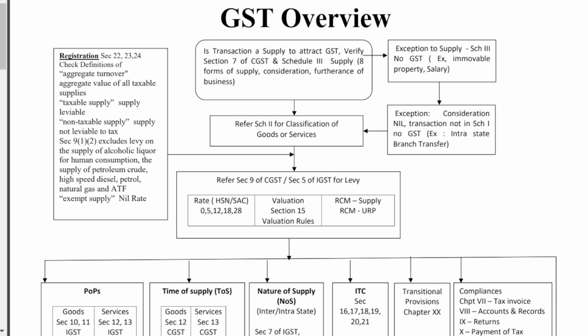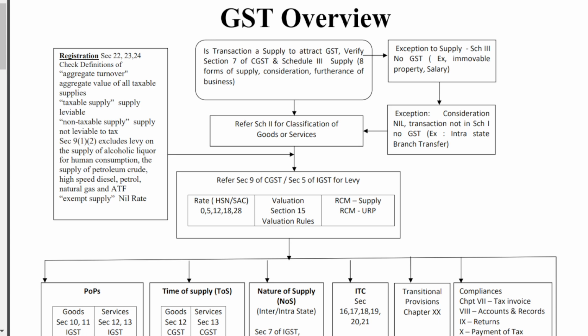If you see on the left side, sections 22, 23, and 24, we have to be mindful of the definition of aggregate turnover. Aggregate value of all taxable supplies. Taxable supply is supply leviable to tax, non-taxable supply is supply not leviable to tax. Section 9, clause 1, clause 2 excludes levy on supply of alcoholic liquor for human consumption.